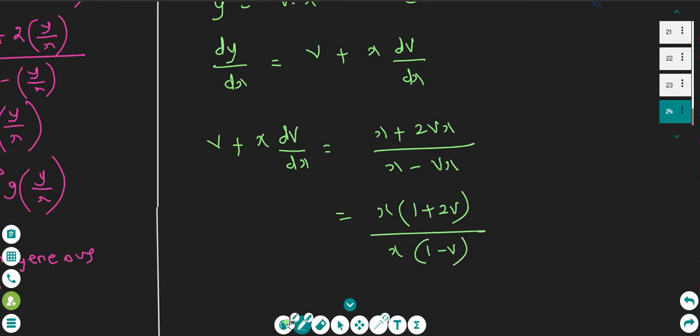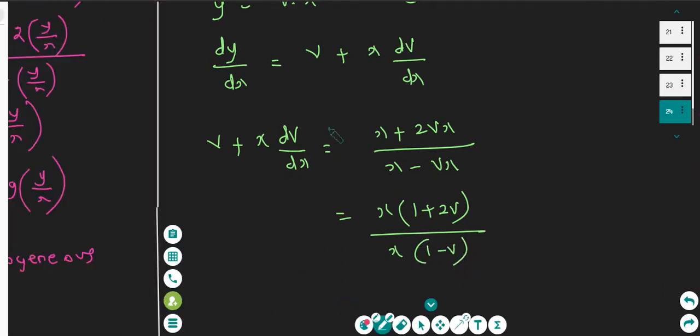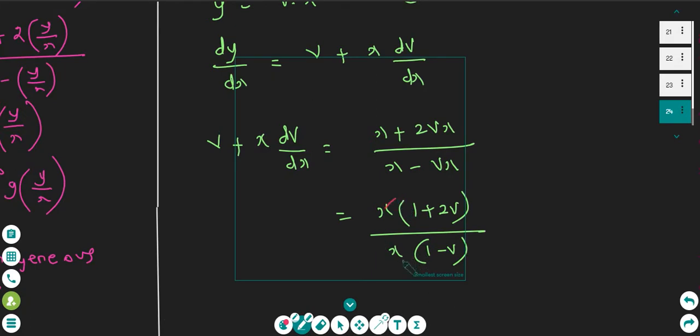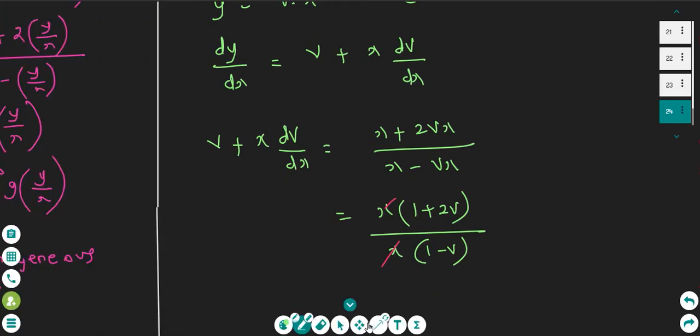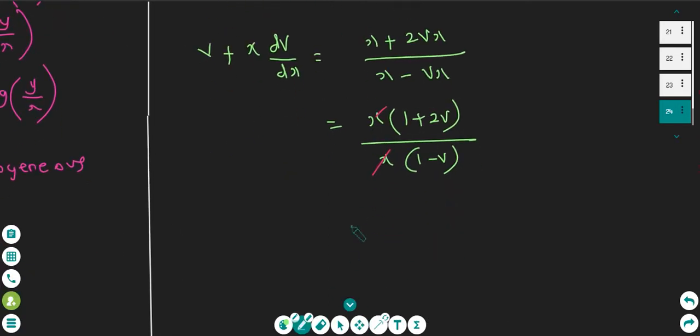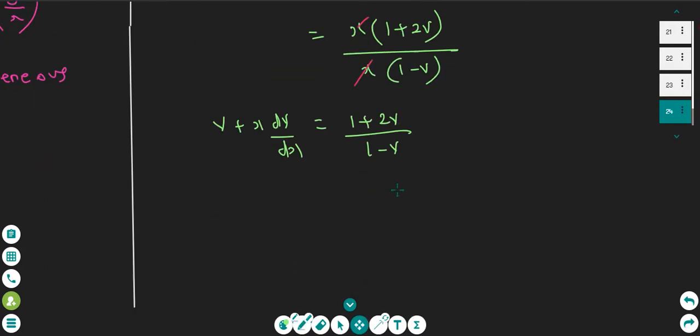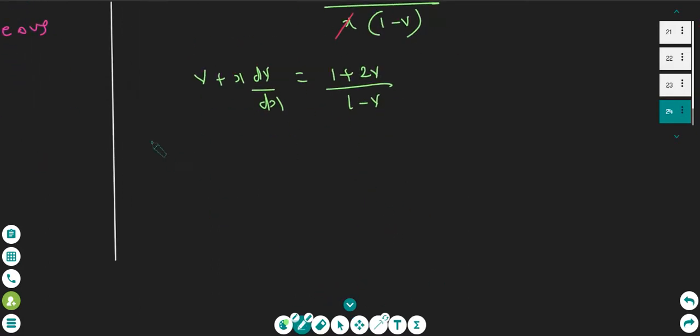The x's get cancelled. So basically we are getting 1 plus 2v divided by 1 minus v, and on this side we have v plus x dv by dx. Now we have to separate the variables.